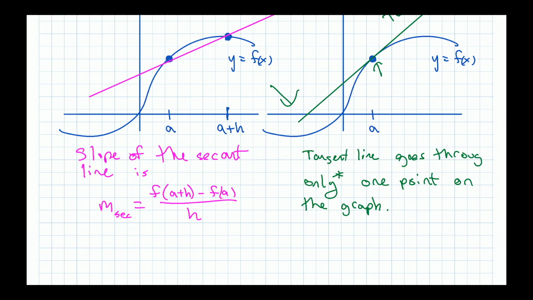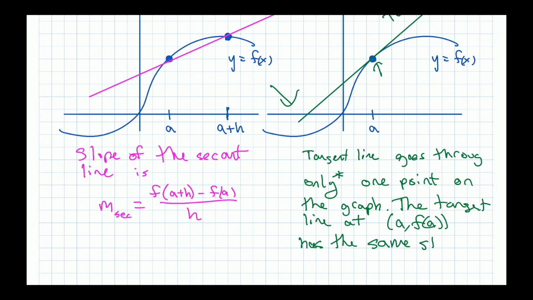So the tangent line at a comma f of a has the same slope as the slope of the curve at that point. Okay? So that is a tangent line.